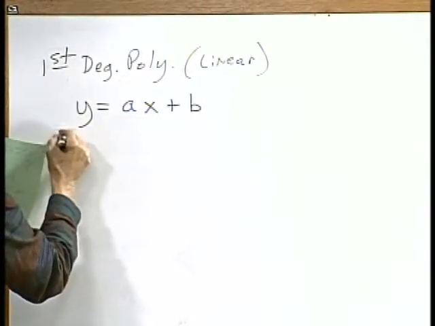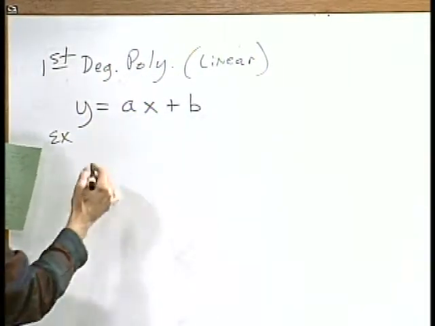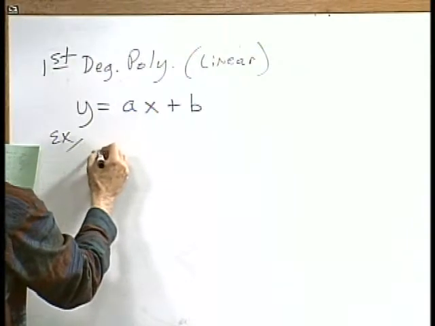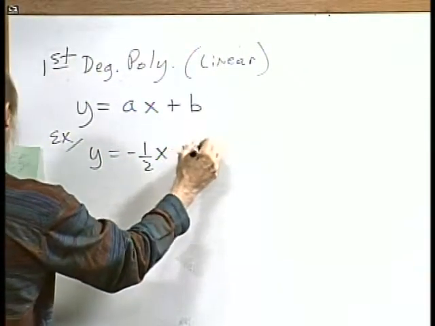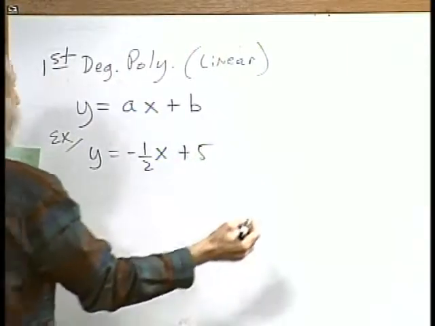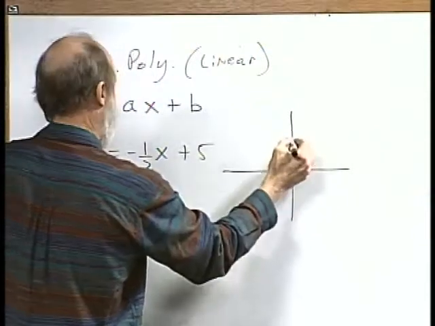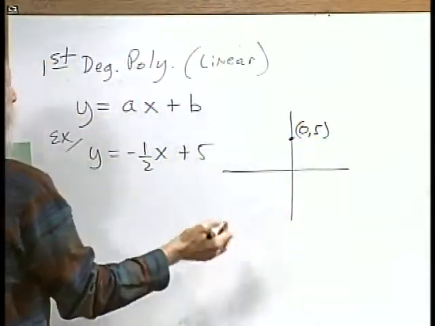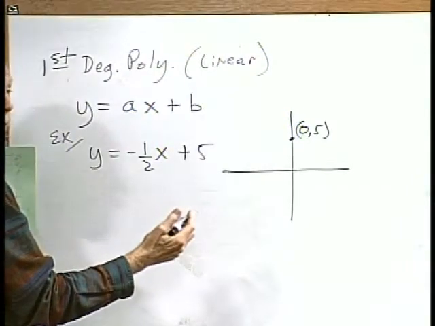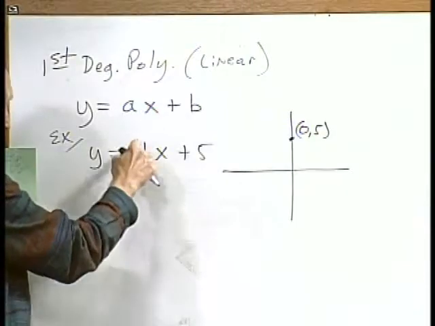Now let's put an example with each of these types of polynomials we're going to look at. Let's say we use y equals minus 1/2 x plus 5. A quick, dirty sketch of that would have a y-intercept at 0, 5, and we label that, and it's going to be falling to the right gradually because it's got only a half.